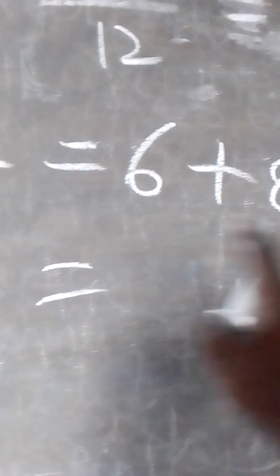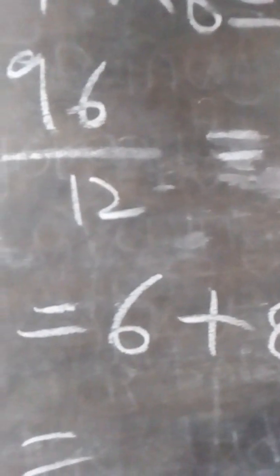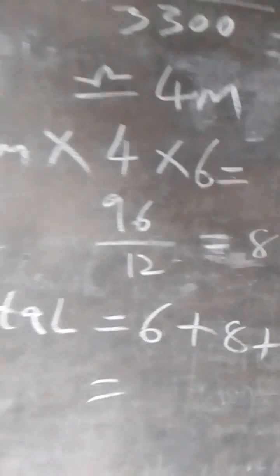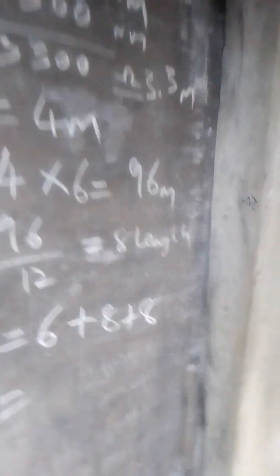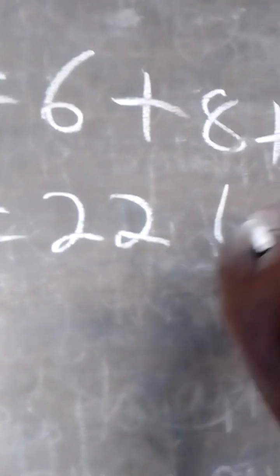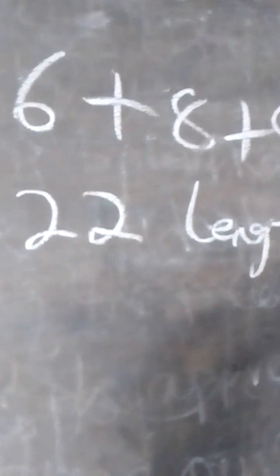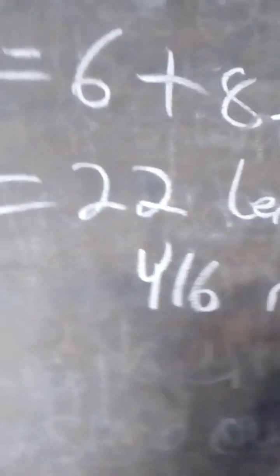So when we add 6 plus 8 plus 8, that's 16 plus 6, which is approximately 22. We call it 22 length of Y16 rod. That is what is required to construct this house.